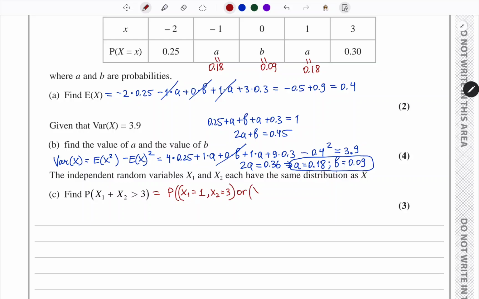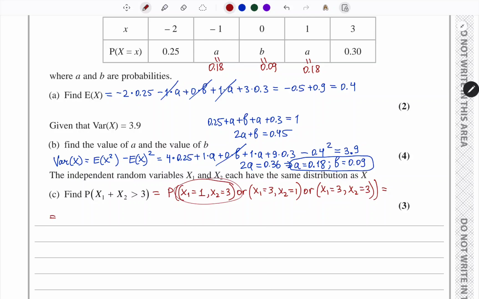Or x1 is equal to 3, x2 is equal to 1. So I'm finding these combinations manually. Or x1 is equal to 3, x2 is equal to 3. Is it enough? Yes, it's enough.